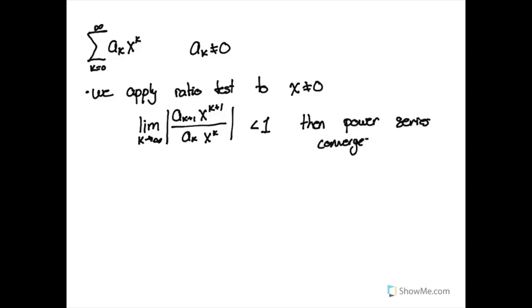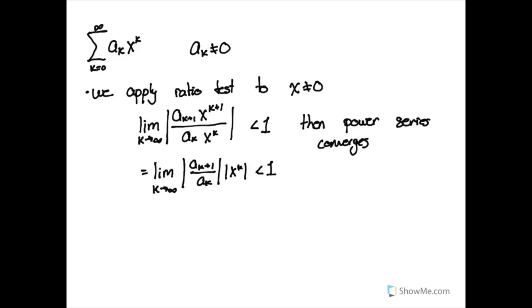Well, if I simplify this a bit, I get that this is equal to a limit as k goes to infinity of a_(k+1) over a_k times x, and this has to be less than 1.